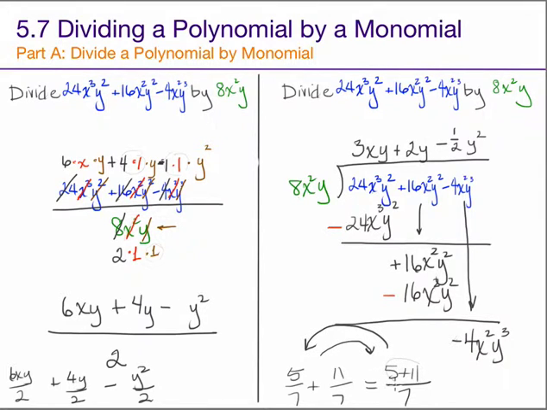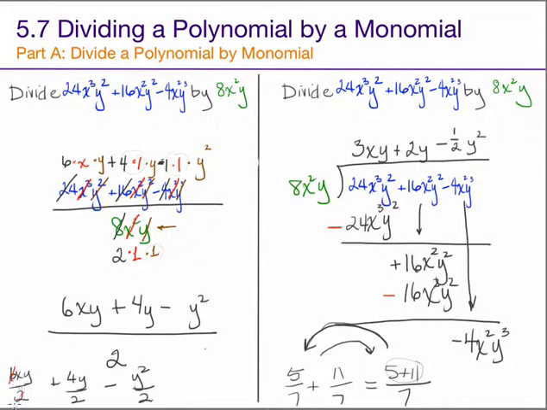I took a fraction with a sum in the numerator and changed it into the sum, or difference, of fractions with a common denominator. So all I'm doing is this adding together of fractions, but backwards.